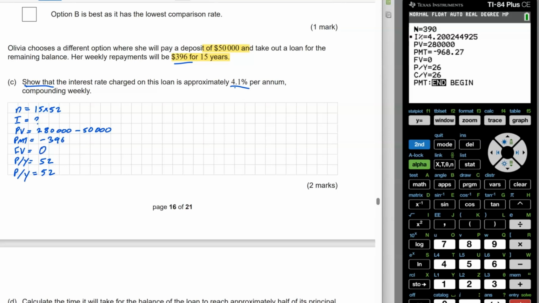And again, it's a loan, so we're going down to 0. So 15 times 52, interest rate is the option to find. We've got the 280,000 here, but then we're going to minus 50,000 for the lump sum. The repayments are going to be 396, and then it's going to be weekly, so we're coming down to 52. Solving for our interest rate.